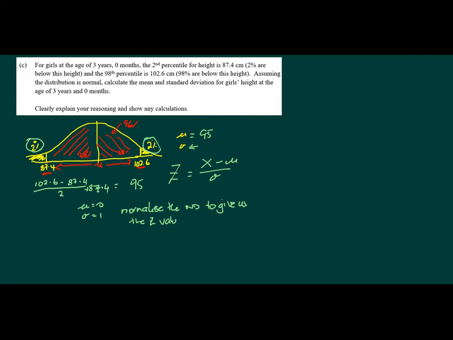You need to know this process when you're working on questions where you don't know either the standard deviation or the mean. So let's check out the calculation process of how to do this.